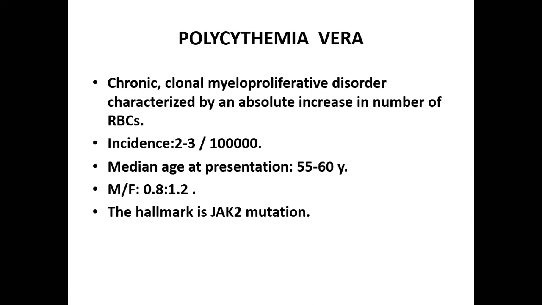They are in their 30s and even the 20s. Females predominate, and the hallmark of this condition is the molecular abnormality JAK2 mutation, which is a key factor in the development of this disease.